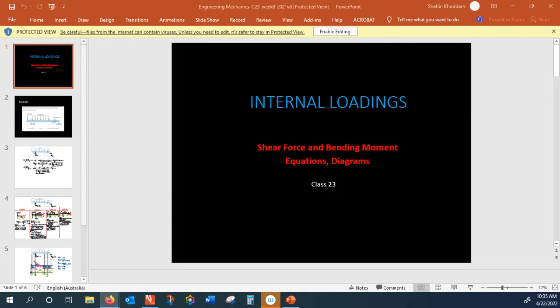Okay. So this is regarding the internal load inside the beam structure. So I think everyone knows what the beam structure is. You should be able to make a distinction between beam and bar. So how do we make a distinction? The simple rule is, forget about all the theories.